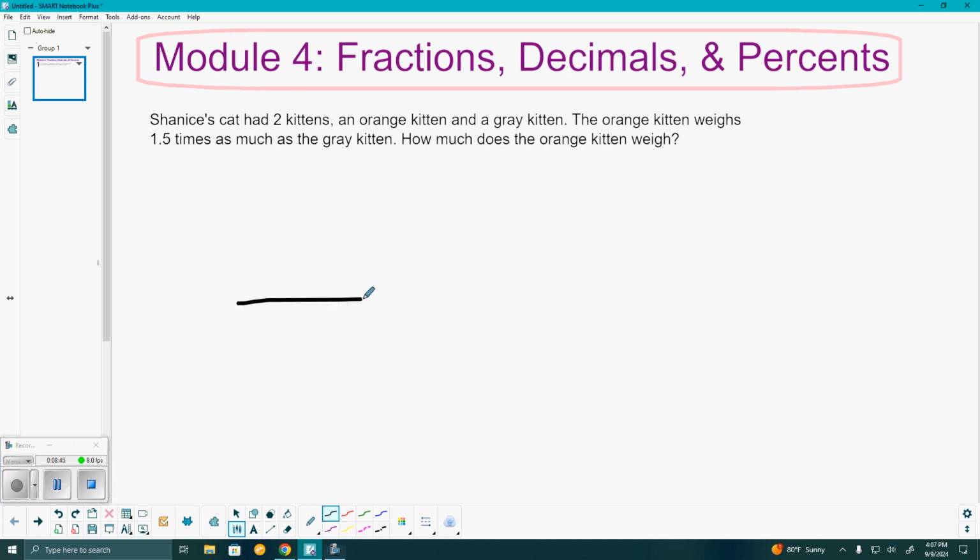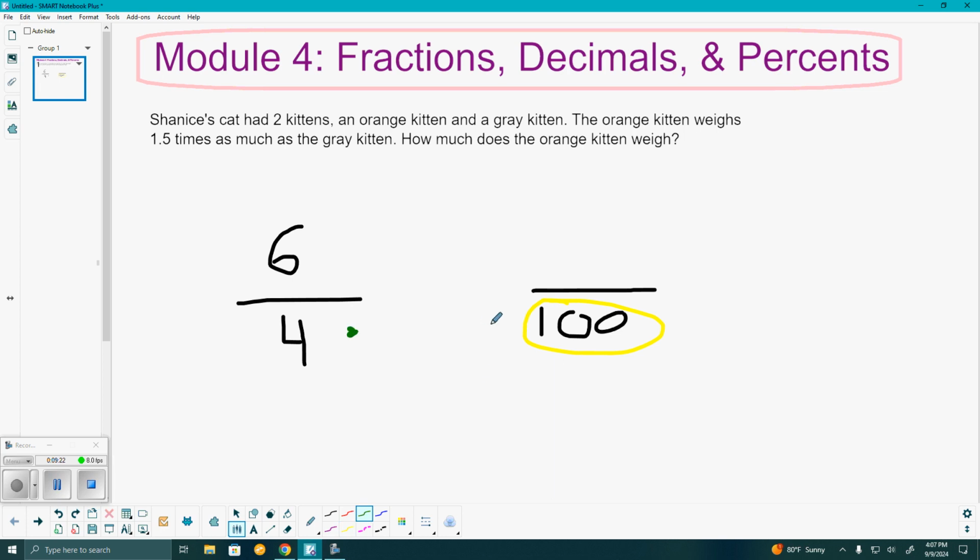Now that I know the orange kitten's weight is 6 ounces, if I wanted to compare it to the gray kitten's weight of 4 ounces, I could write it like this. If I want to change it to where I have my 6 over 4 written as a percentage, I first have to get my number per 100, because percent means per 100.